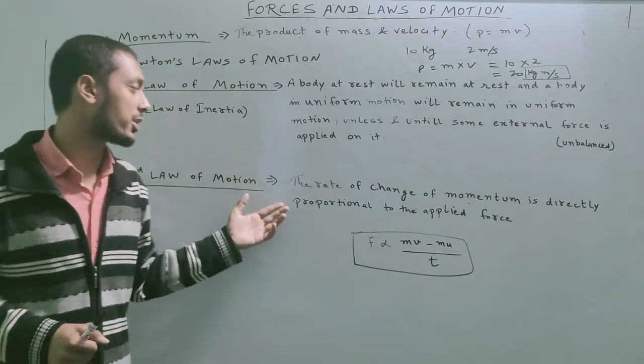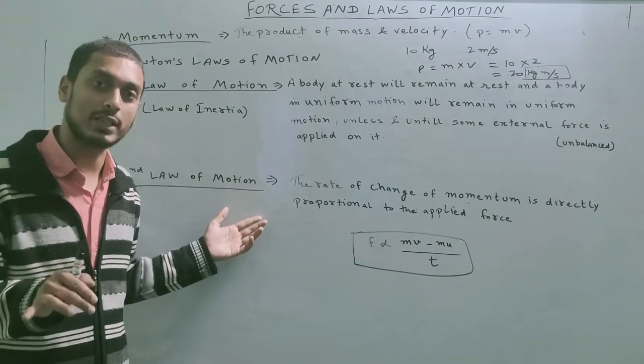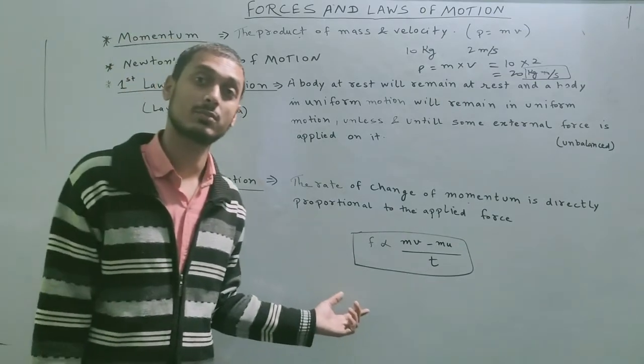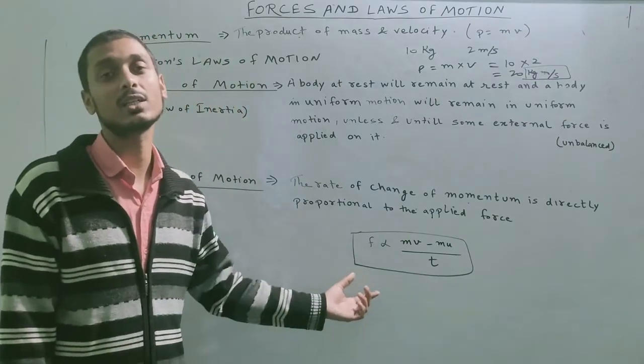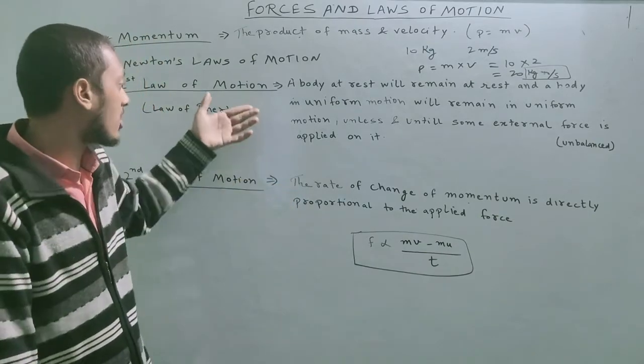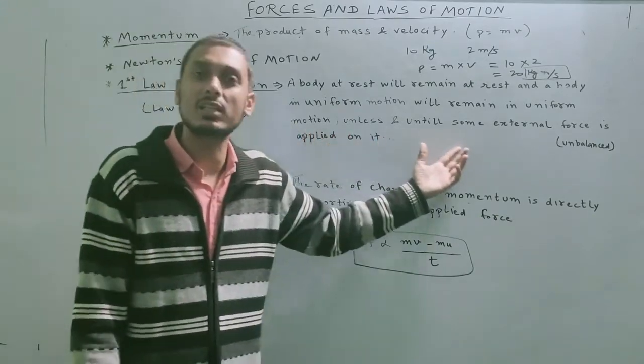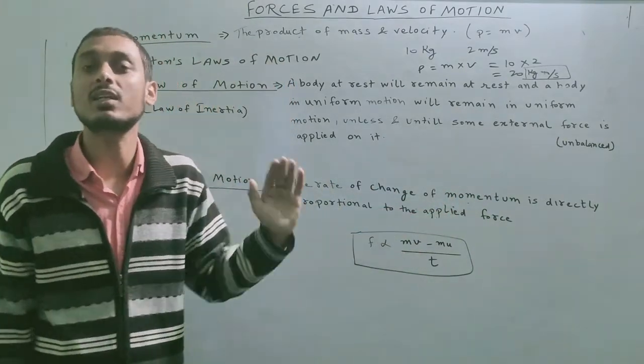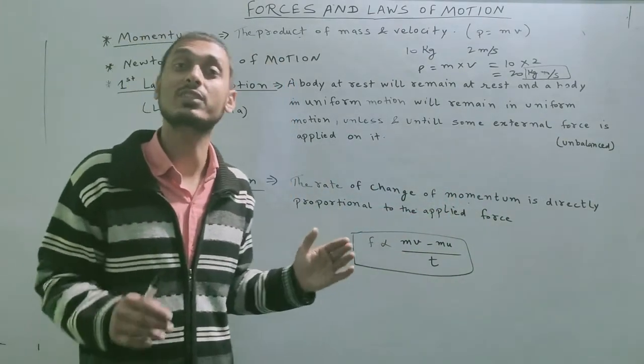This law of motion is very important because it gives the mathematical definition of force. The first law of motion gives the theoretical definition of force, and the second law of motion gives the mathematical concept of force, how to calculate force.